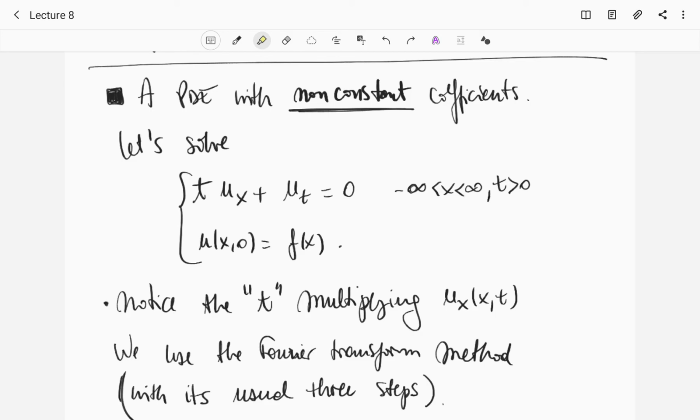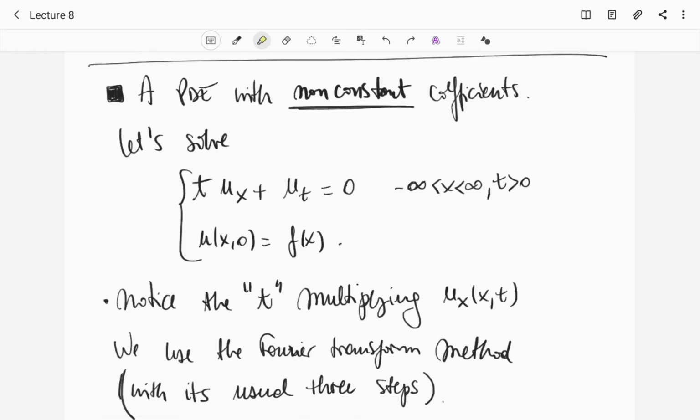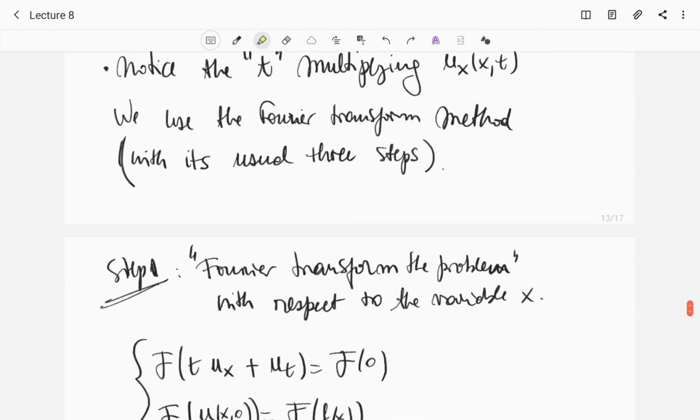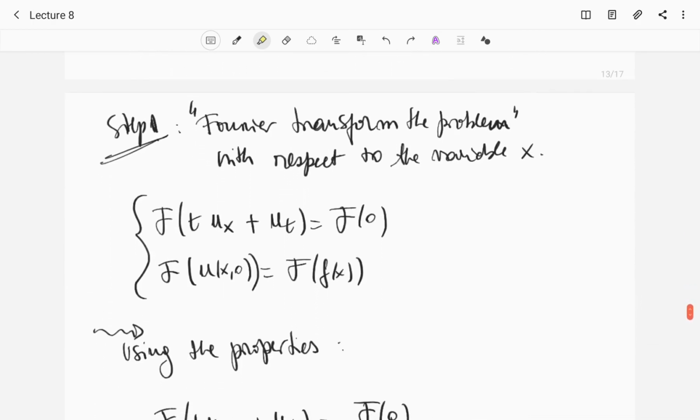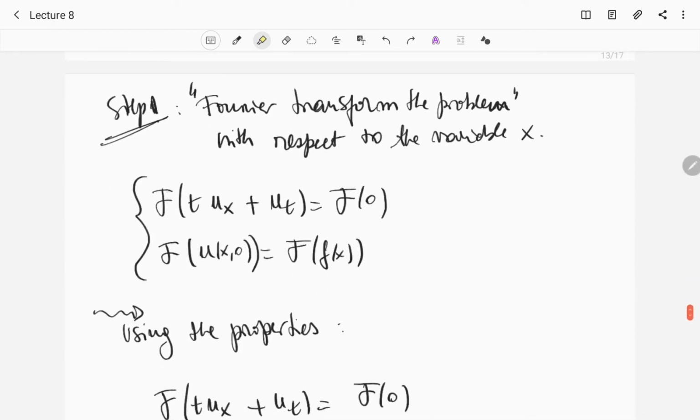Okay, so we will apply the Fourier transform method, and we will follow these 3 steps. Step 1, Fourier transform the problem. Again, I just Fourier transform the 2 lines. We use the properties. Here we can use the linearity. Here, the Fourier transform of 0 is 0.